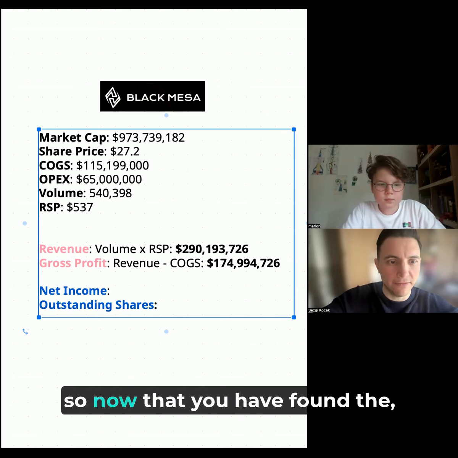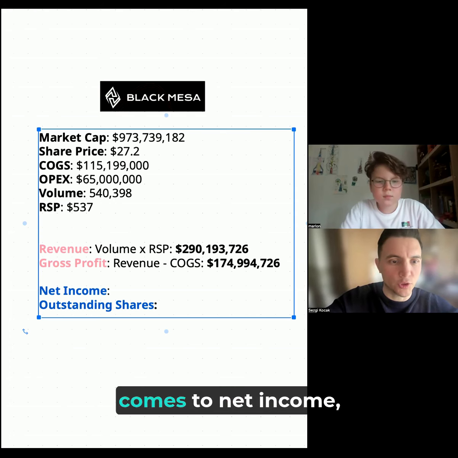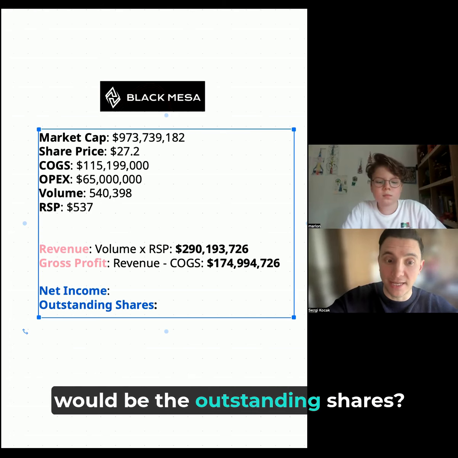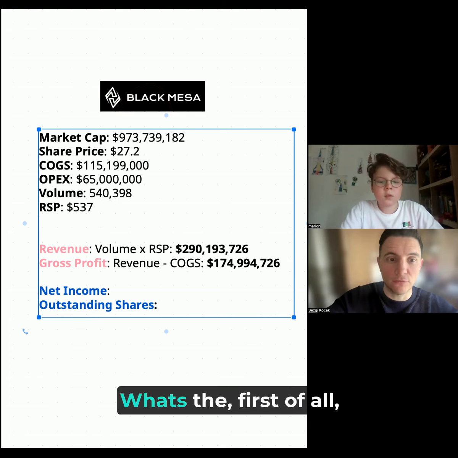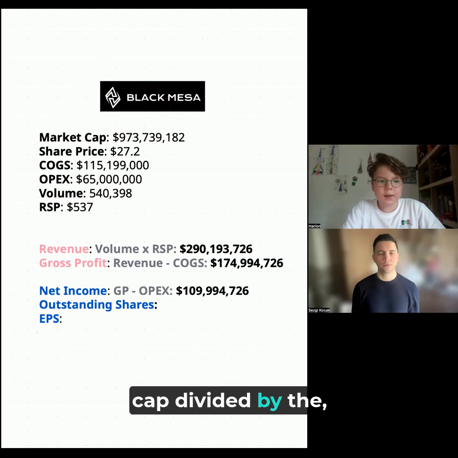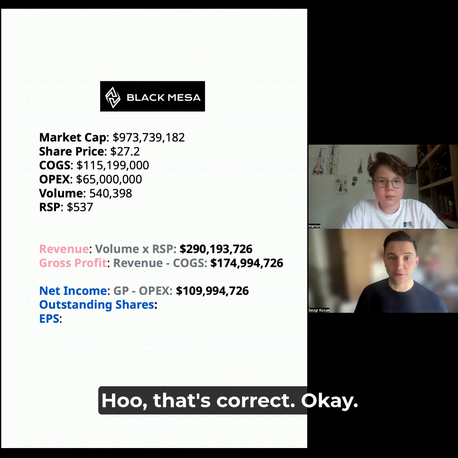Okay. So now that you have found the right number when it comes to net income, will you be able to tell us what would be the outstanding shares? What's the first of all formula to get to the outstanding shares? The formula to get to the outstanding shares is the market cap divided by the share price. That's correct.